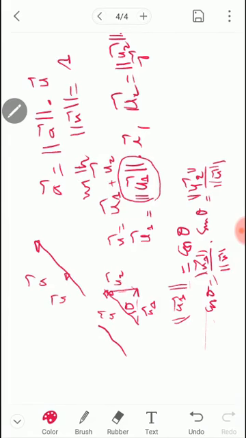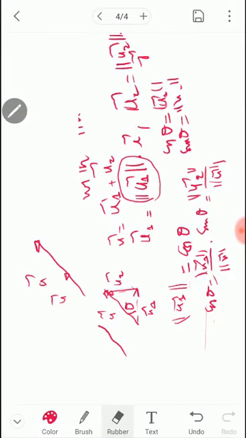Sine theta equals u2 divided by u. So cosine theta equals u1, and sine theta equals u2.